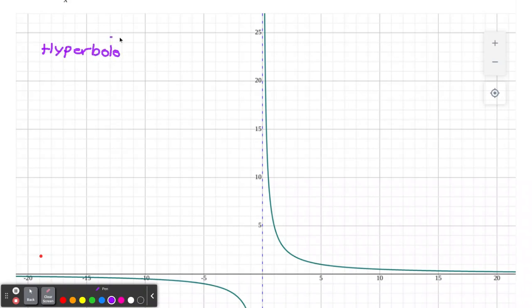Don't say hyperbola unless you want to. And you can notice if we look at this line, as the x gets closer to 0, we're getting closer to 0. The numbers are increasing like we showed before. See how they're increasing?